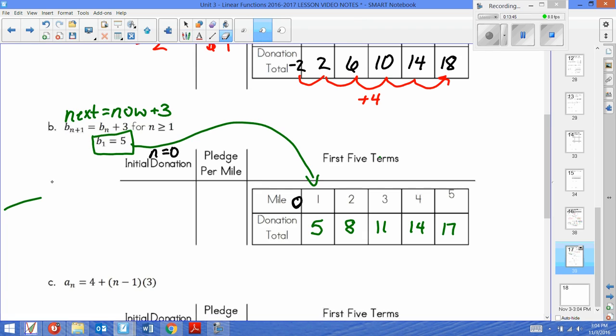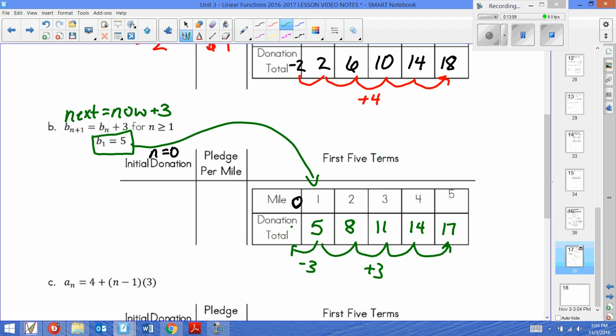So since I am adding 3 every single time going in this direction of my table, I need to figure out this initial donation still. So let's go backwards by subtracting 3. 5 minus 3 is 2. So my initial donation is $2 in this table. And the pledge per mile, so how much did she get every mile? Well, she got $3.